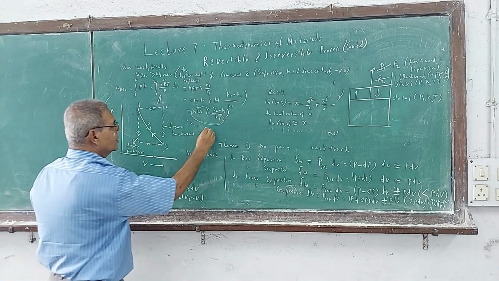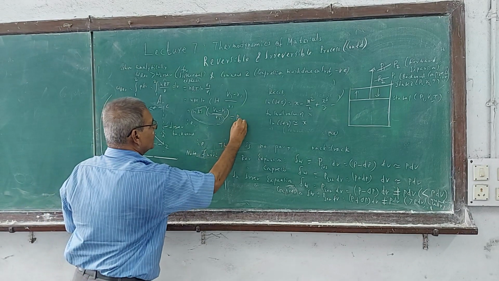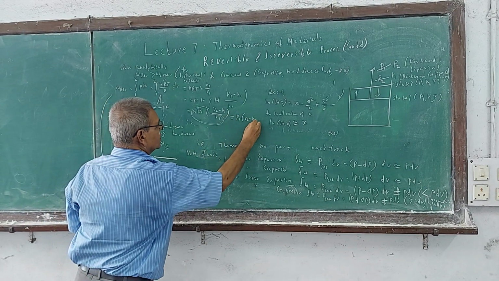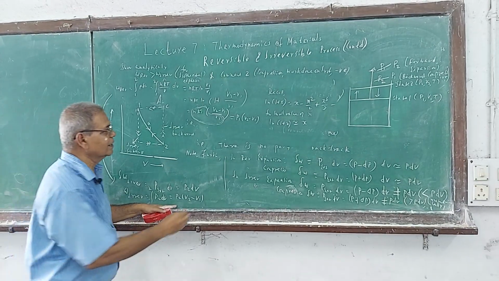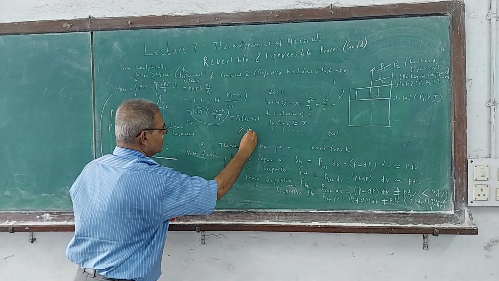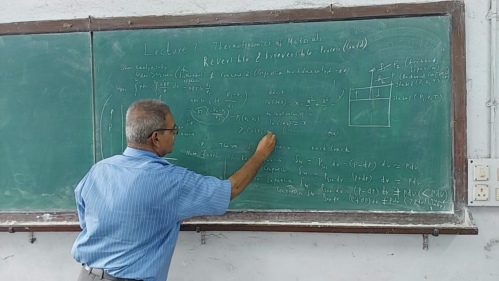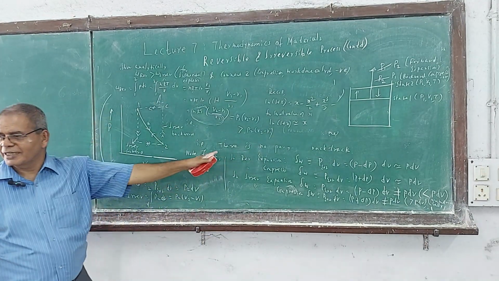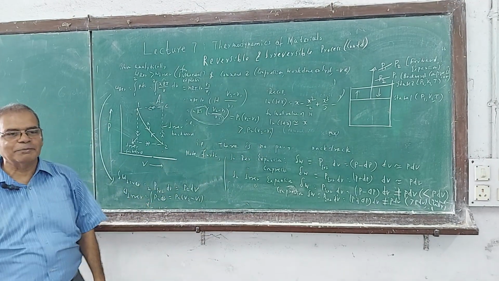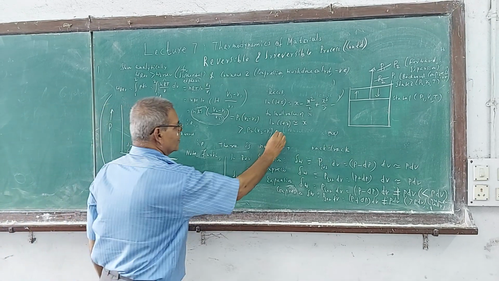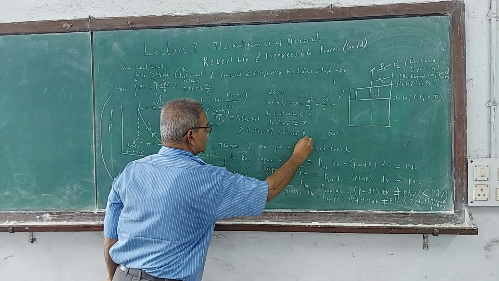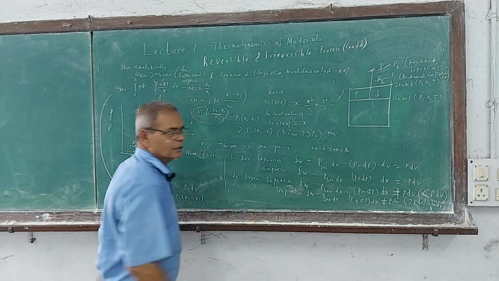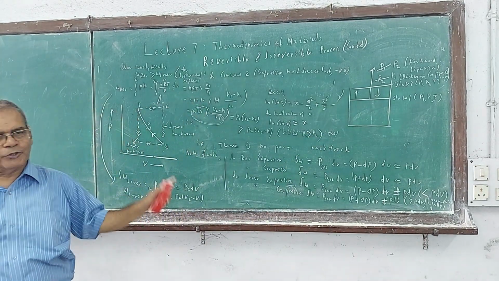It is P1 times the change in volume, and this is greater than P2, because P1 is greater than P2. So analytically you have proved this.